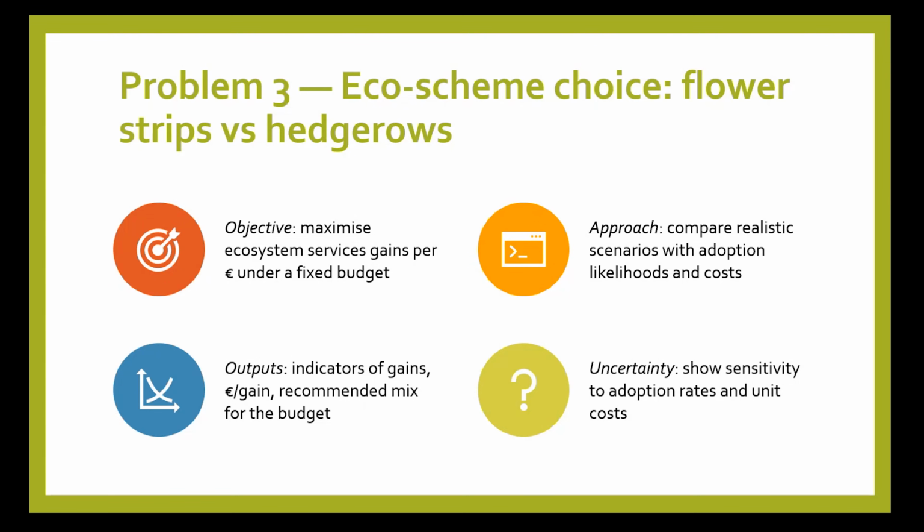Again, there is some uncertainty we would like to have a grasp of, right? So show how the sensitivity to adoption rates and unit cost affect the final indicators. So I hope this can give you a little bit of concrete use cases that was actually what we used to develop our tool.